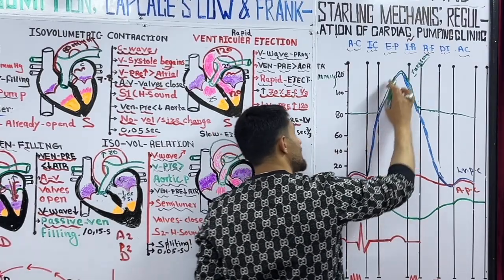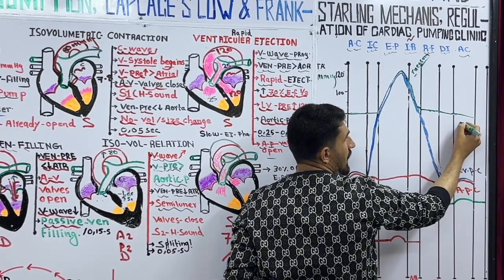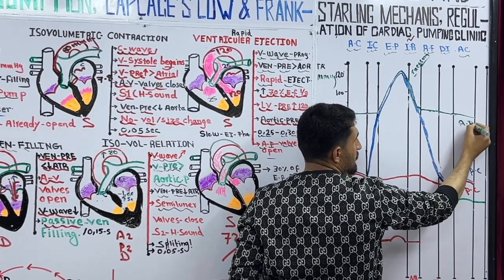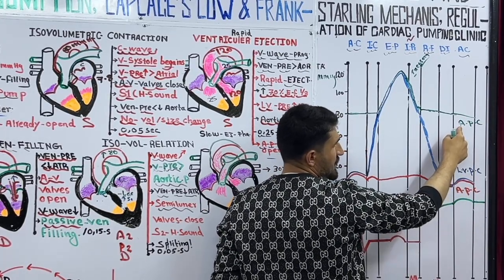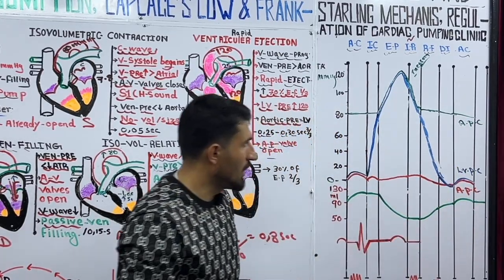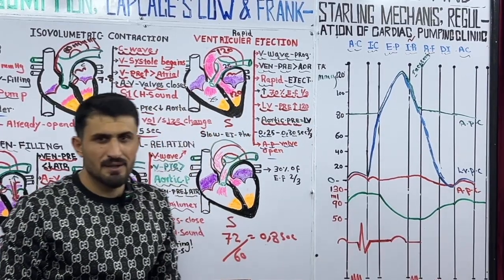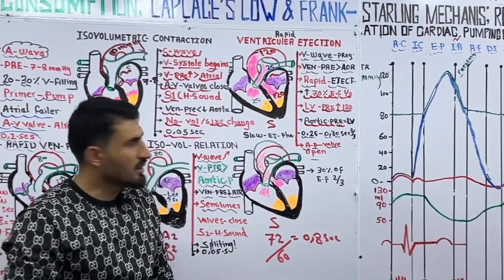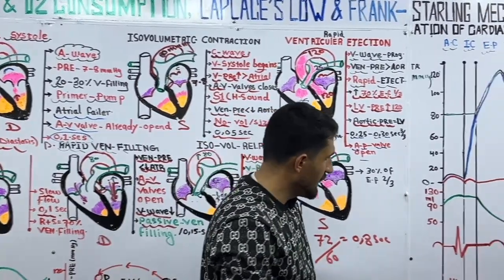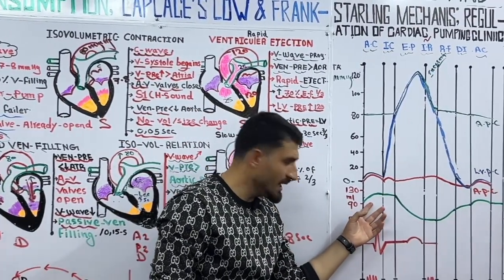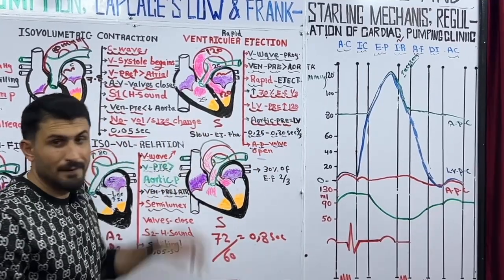So this green curve is called the aortic pressure curve. This was the atrial pressure curve, this is the aortic pressure curve, and this blue one was the left ventricular pressure curve. Got it?